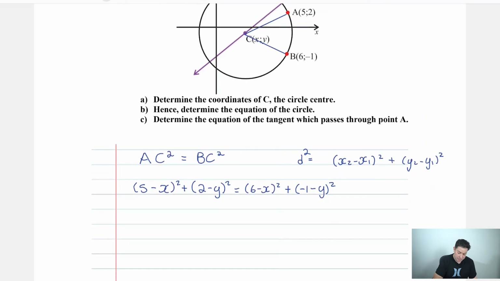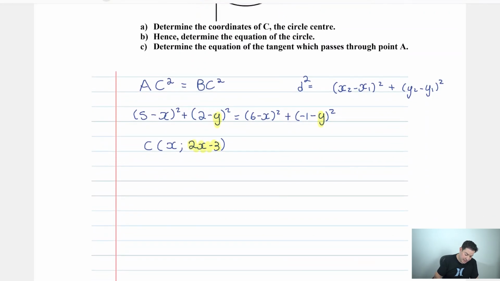All right, so now we have a slight problem. We're trying to solve for two variables with one equation, which is not possible. And that's where we write our point C as (x; 2x minus 3). So what I'm going to do now is change every y into 2x minus 3. The maths looks scary, but it's still basic algebra from grade 10.